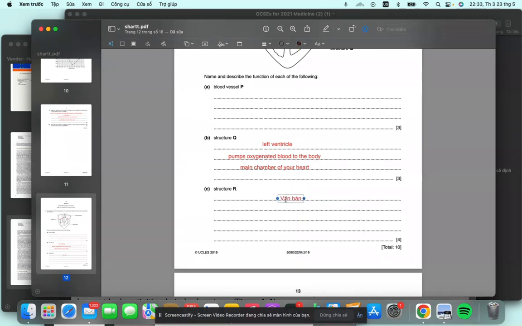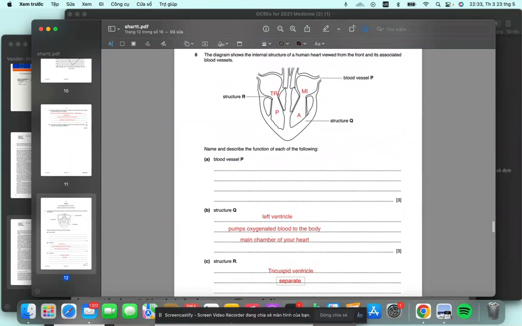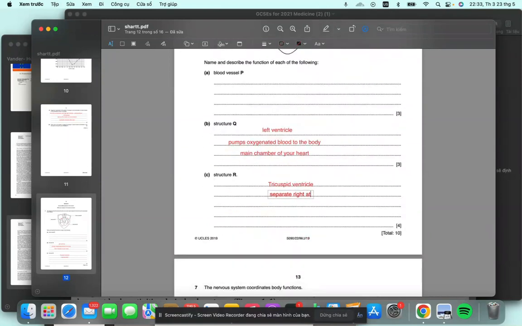So structure R is the tricuspid valve. It separates the right atrium and right ventricle, and prevents backflow of the blood.